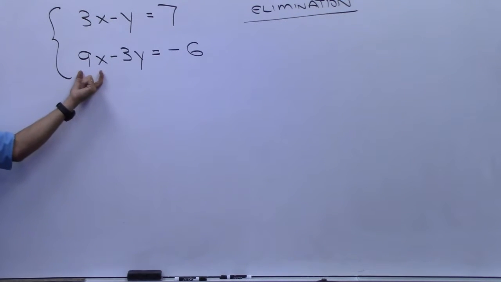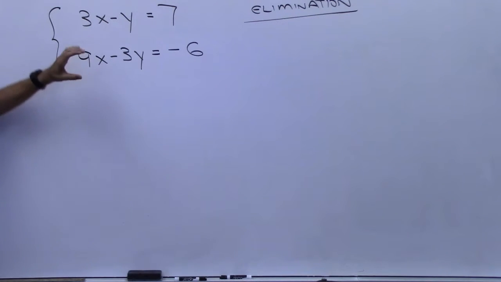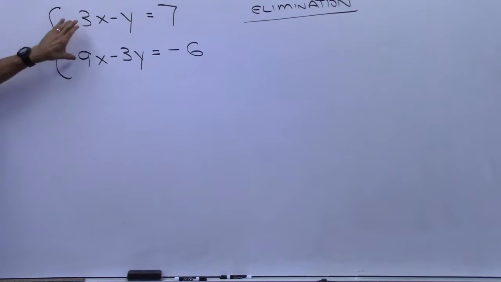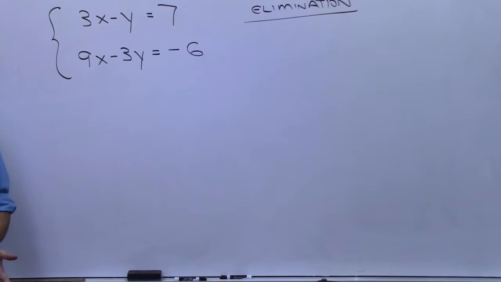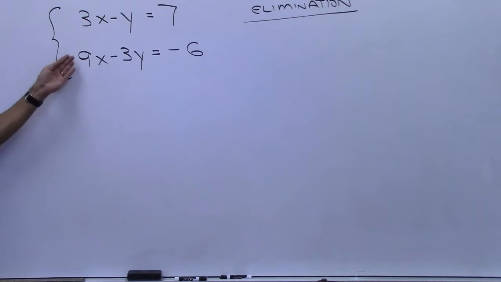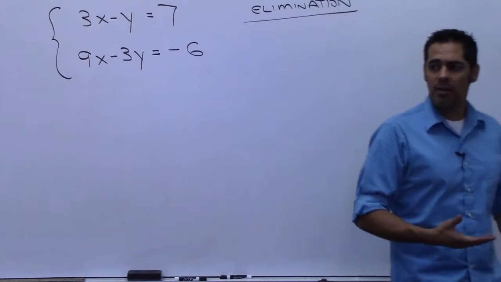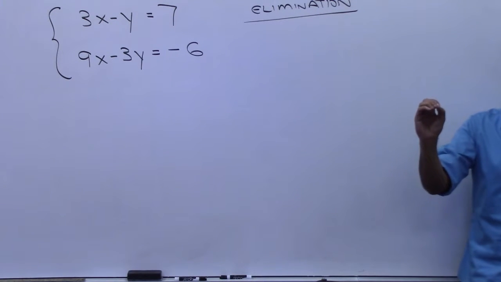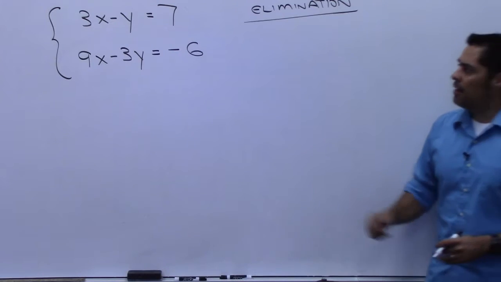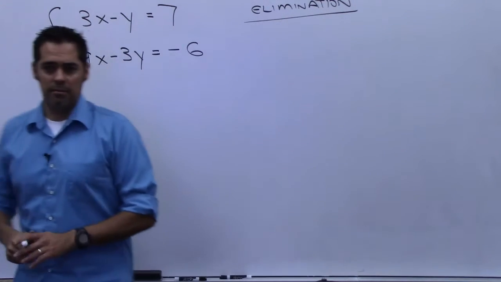Look at the x's and think about what it would take so that if I added these 2 together, the x's would go away. So right now, if I add this to this, I will get what, 12x? I want to be able to add them together and get 0 x's. I would have to multiply the top one by negative 3, right?